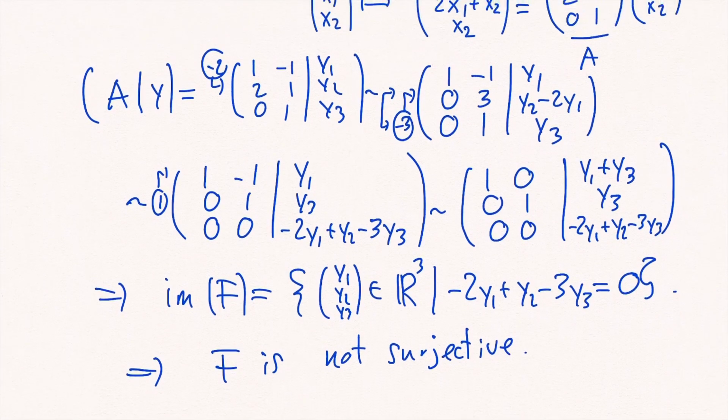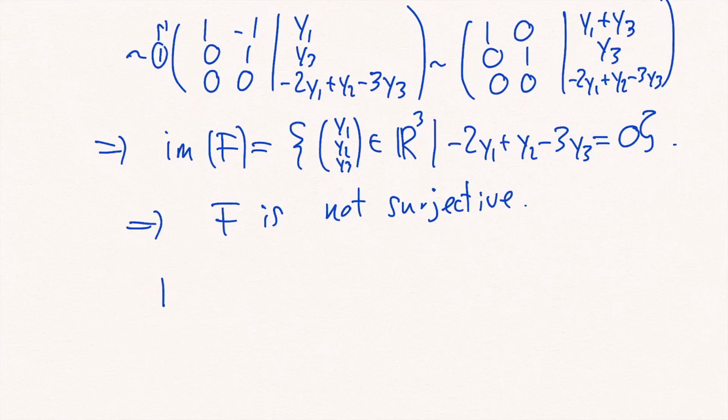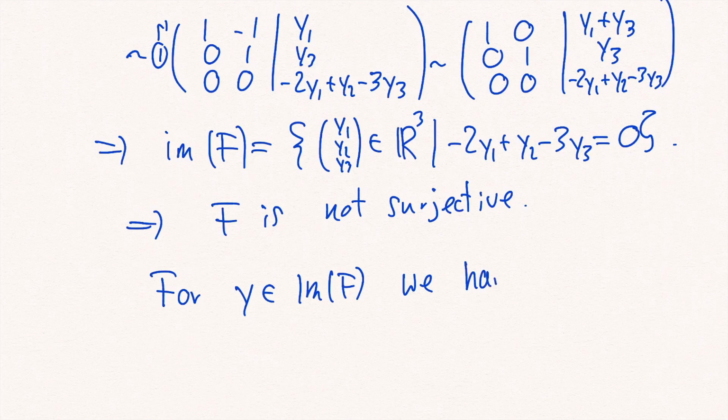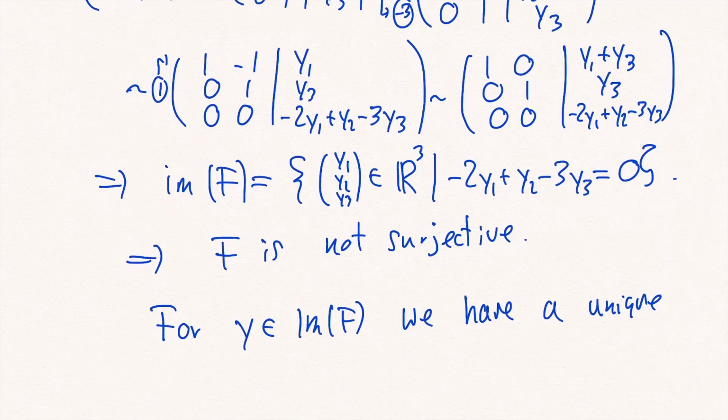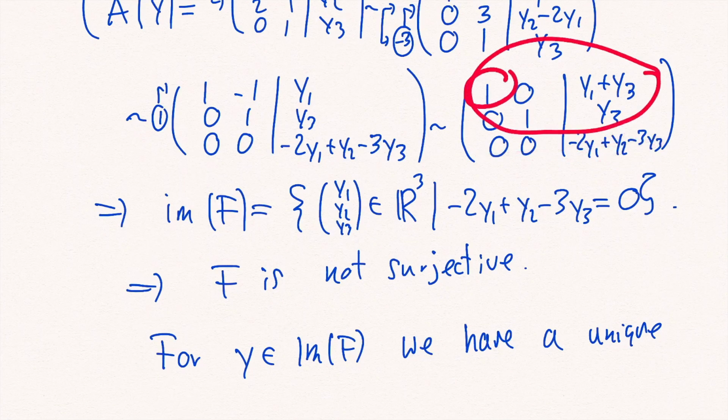But if we choose some element in the image, we have a unique solution. Because here, if I have some element in the image, meaning this here is 0, so we can ignore the last row, then we can find a unique solution here for x1 and x2, because there's no free variable.